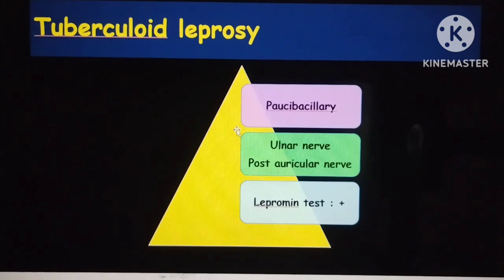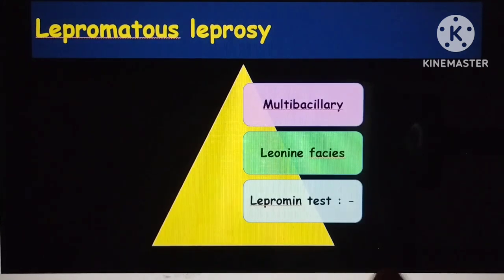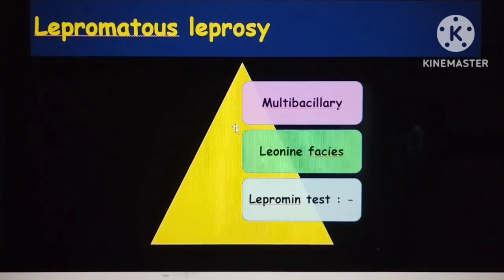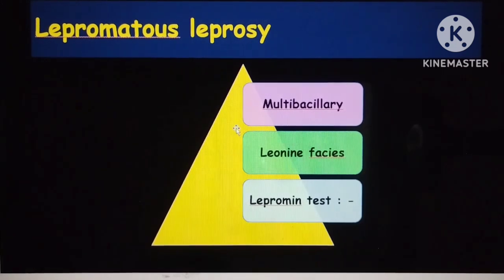Whereas in lepromatous, it is the opposite: multibacillary means more than 6 lesions, and always more than one nerve is involved. The patient will have a typical leonine facies, with absence of eyebrows, saddle nose deformity, and corneal opacities. Here the lepromin test is negative.